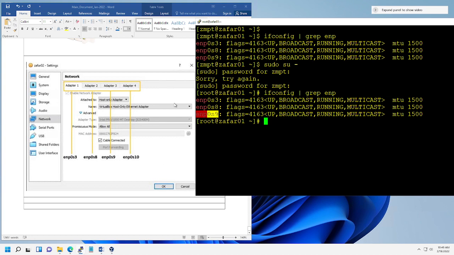Okay, that is how the adapters would be listed in the Linux system here.